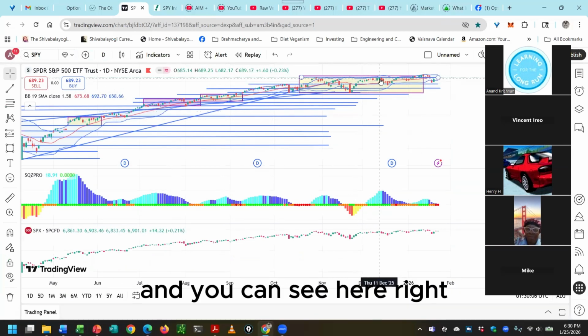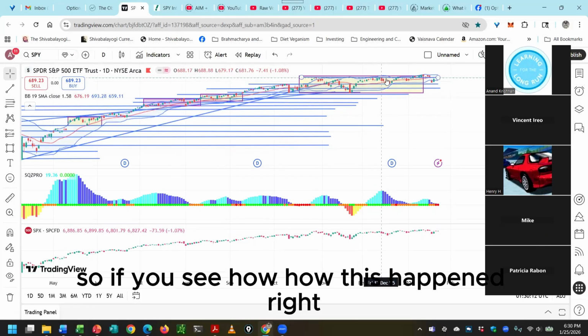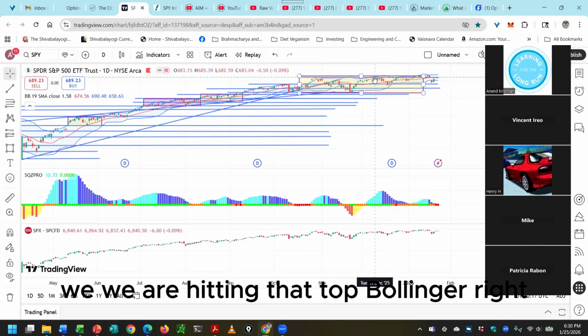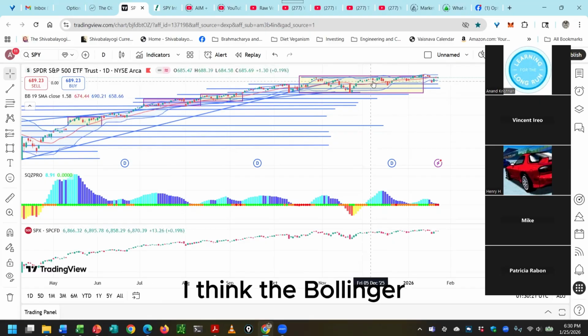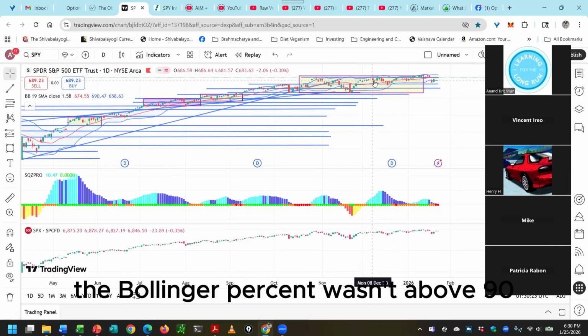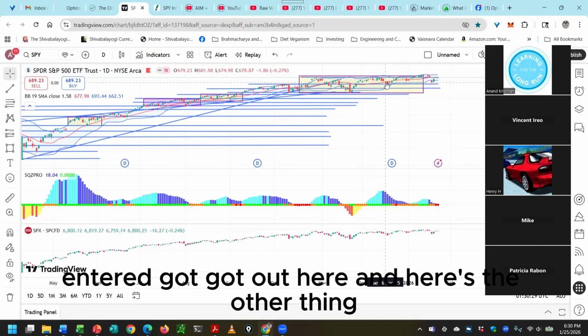And you can see here we are in a situation where the ADX is less than 20. If you see how this happened, we are hitting that top Bollinger. Right now, in these situations, I think the Bollinger percent wasn't above 90, so I did not enter. But when it came right there, boom, entered, got out here.